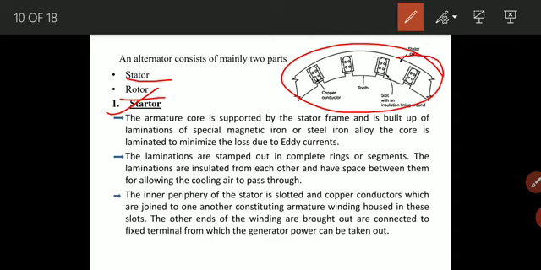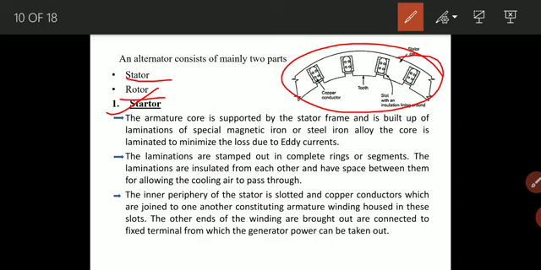If you remember the DC machine, in a DC machine the stator is covered by a frame, and that also helps to circulate magnetic flux.